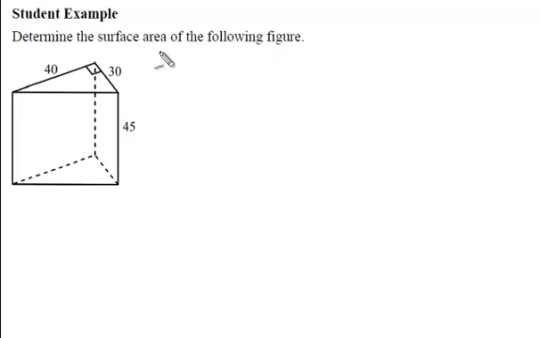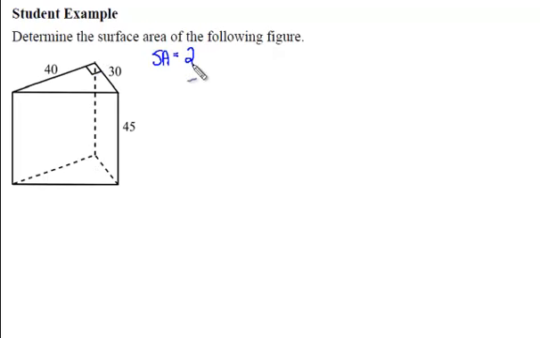To determine surface area, or what I'm going to abbreviate as SA, we just add up each of the individual side areas. In this particular figure, we have a triangle on the top and a triangle on the bottom.